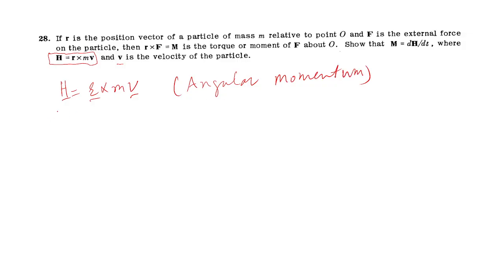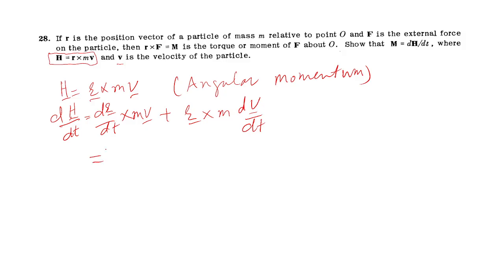Differentiate it, dh/dt. We have two components, keeping m constant. So dr/dt cross mv, plus the second term, leaving r and m, dv/dt.